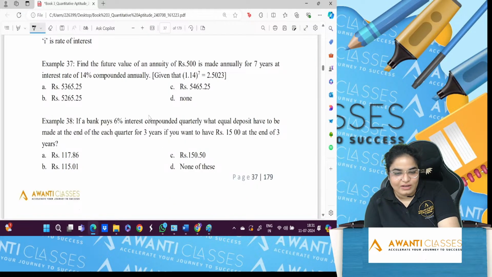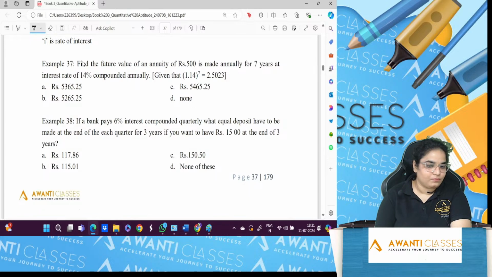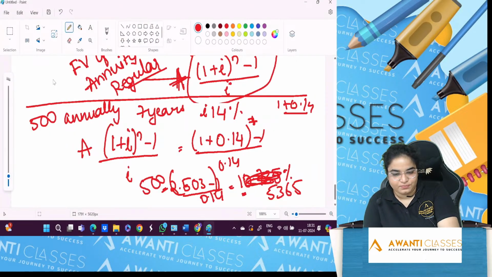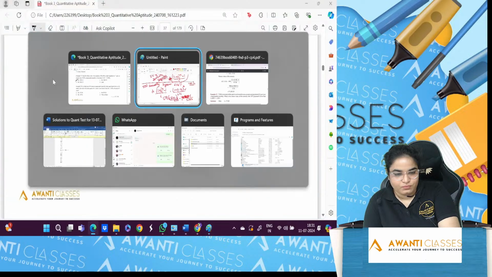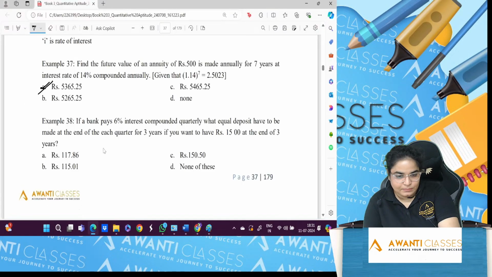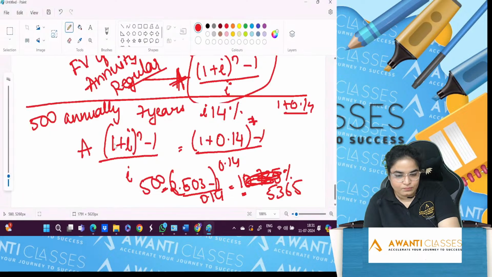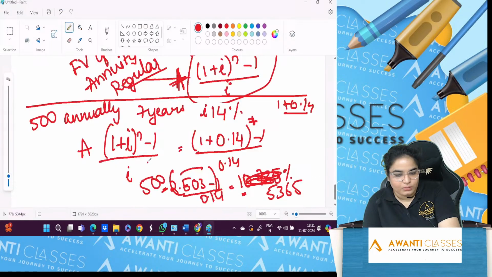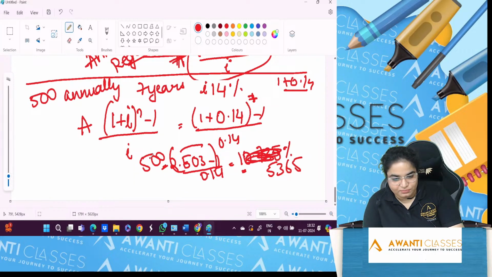What option is that? 5365 is option number A. So A is the right answer. Look at this, 2.503. It's the same formula. Bad handwriting, but same formula.